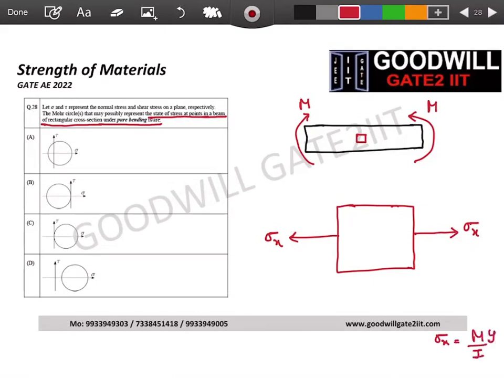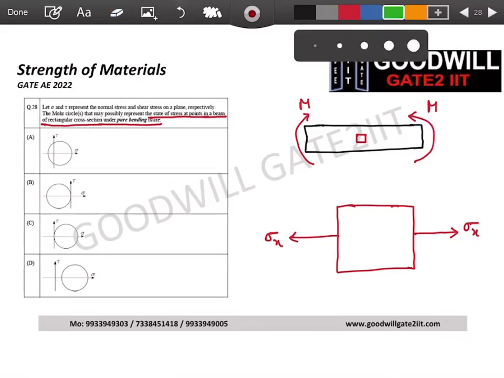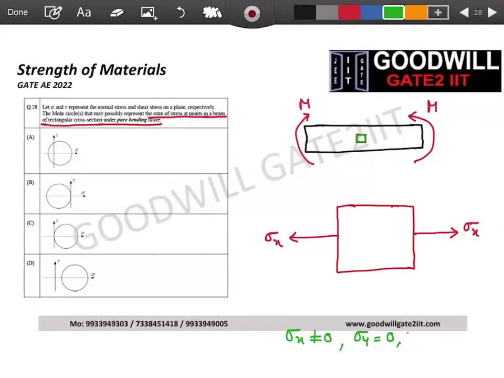Don't worry about this because I'm not teaching you bending as of now. The only thing I want you to remember is that in bending, the stresses will always be perpendicular to the cross section, and that we have marked in our stress element. So you have sigma x. I'm not interested in the value. This is non-zero, that means there is a number. Sigma y is 0 and tau xy is 0.